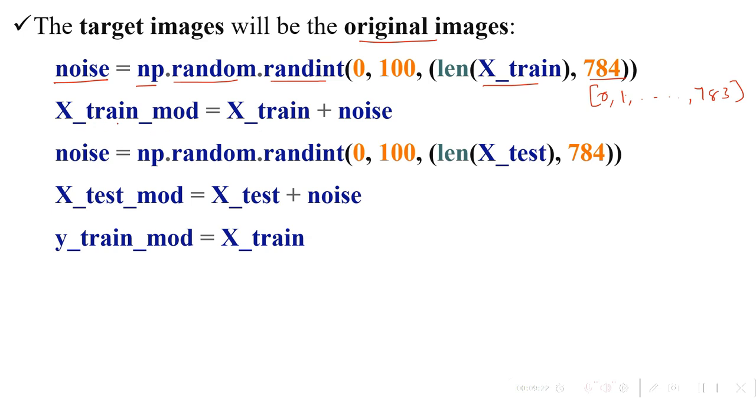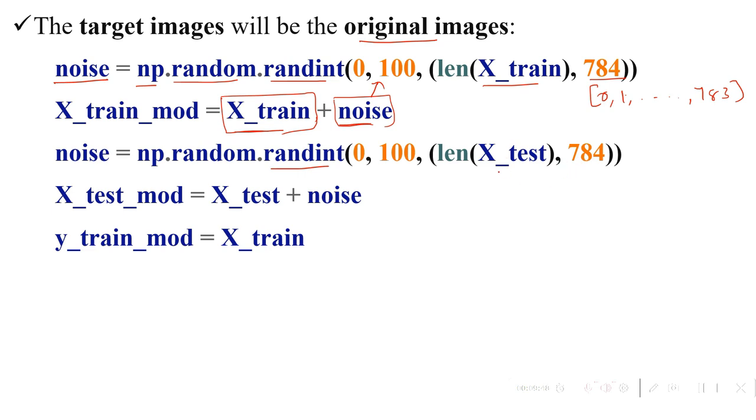So X_train_modified equals X_train plus noise. That means for the original training data, we are going to add noise between 0 and 100. Now noise equals np.random.randint(0, 100, (len(X_test), 784)).